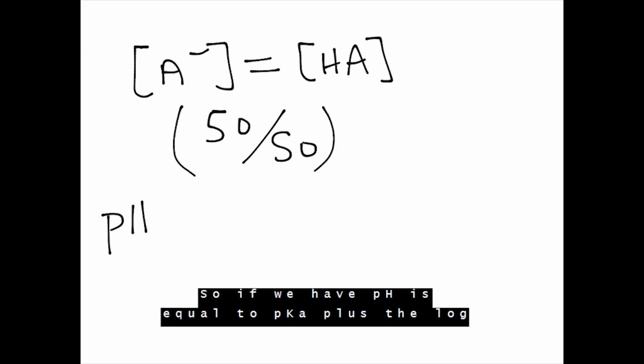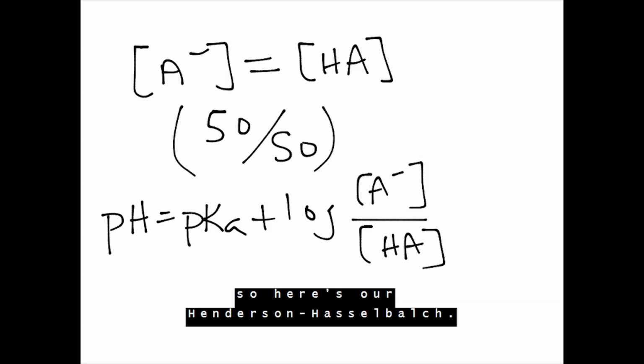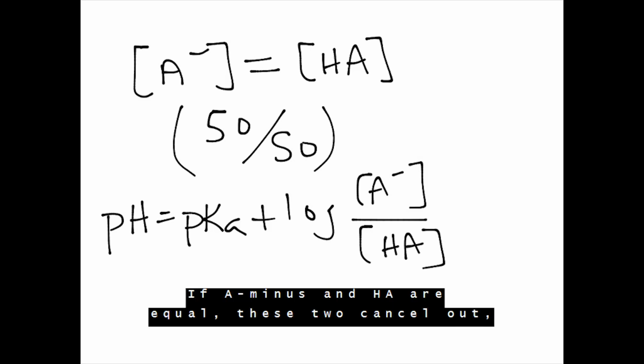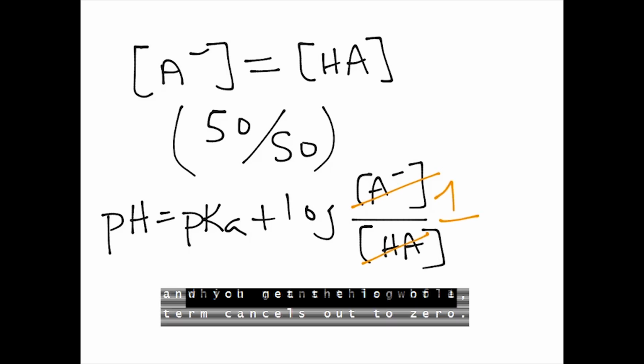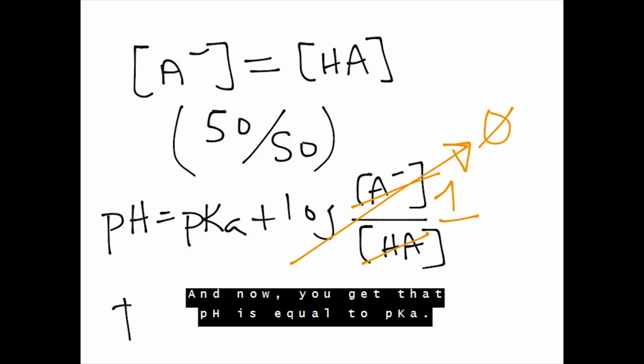So we have pH is equal to pKa plus the log of the concentration of A minus over concentration of HA. If A minus and HA are equal, these two cancel out and you get the log of 1, which means this whole term cancels out to 0. And now you get that pH is equal to pKa.